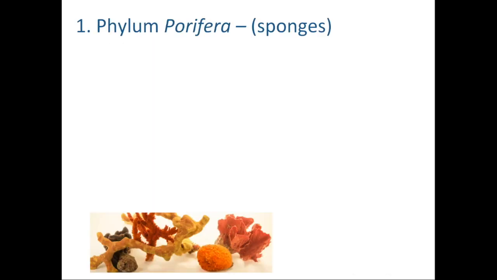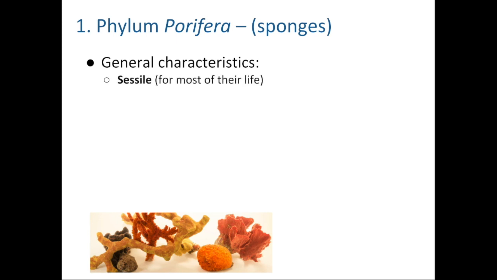The first phylum that we'll look at is the phylum Porifera. If you have seen the videos already, the first video is about the Porifera, some general characteristics of those. They are sessile for most of their lifetime.